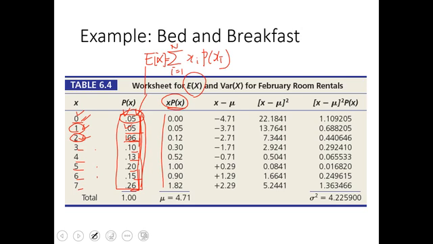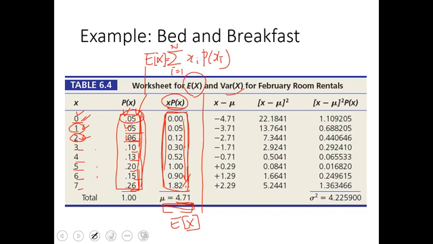After that we obtain the sum of these numbers, 4.71. So that is the expected value, the mean, the expected value of x.